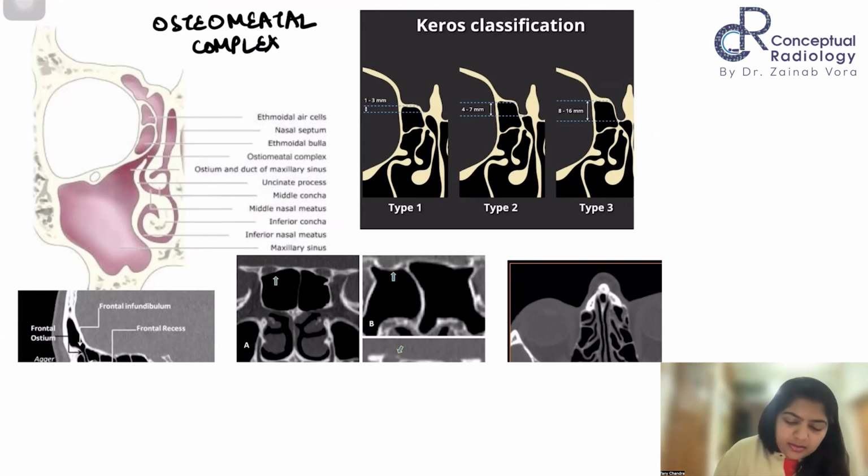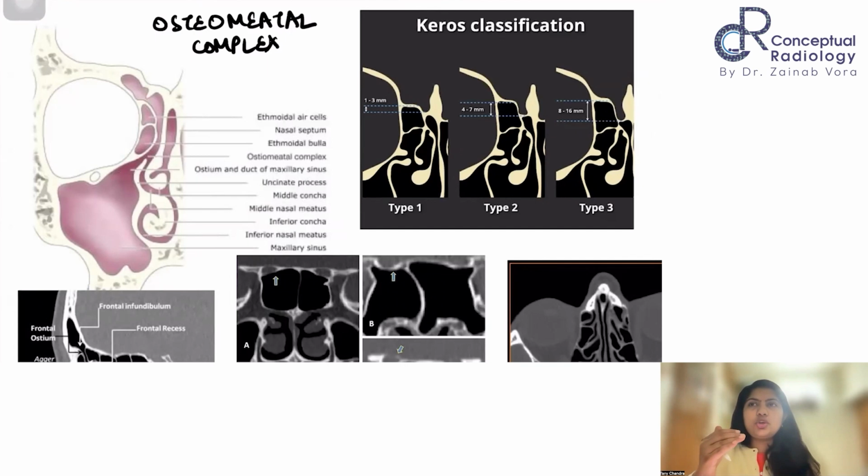So between each and every turbinate, right? It's easy to remember like this: the meatus is just below the turbinate which we are naming. So if you have the inferior turbinate, your inferior meatus is below it, right?